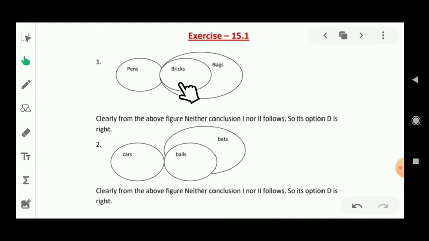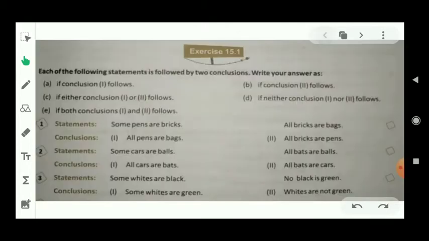That means all bricks are bags, and some pens are bricks from statement number 1. So we have to make this figure. Clearly we can see from the above figure, neither conclusion first nor second follows. So which option will be right? Option number D. Let's see the next question.